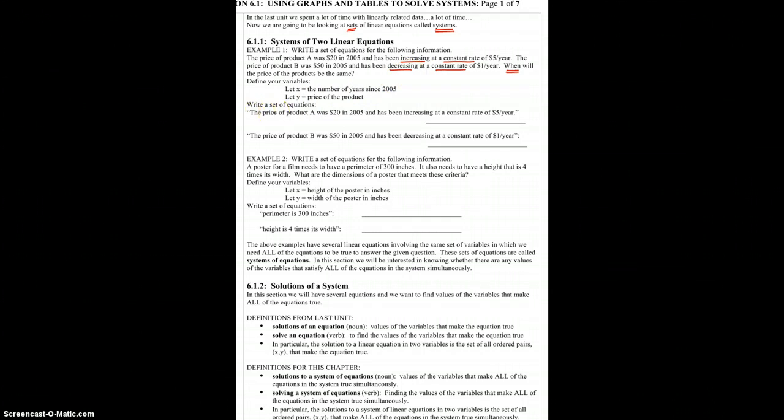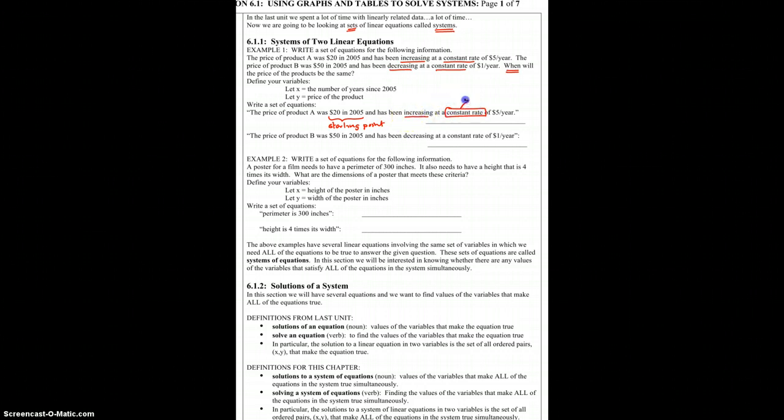If we take the first sentence, the price of product A was $20 in 2005, and that was our starting year, so this is our starting point if we were to think of the graph. And it's been increasing at a constant rate.